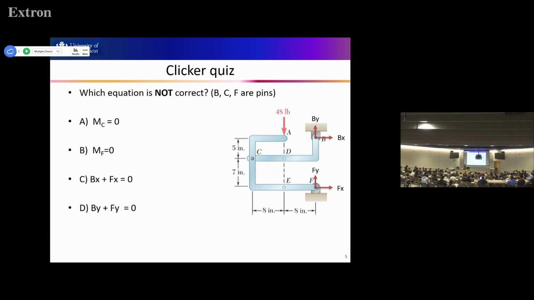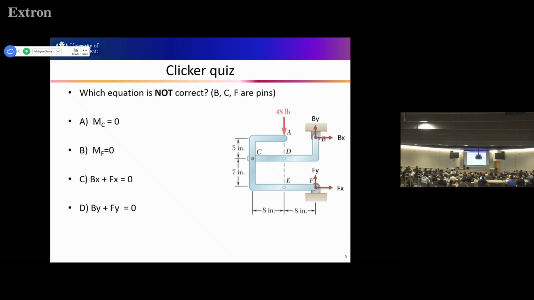I told you to think about a thumbtack. If we use a thumbtack here, can this plate rotate? Yes, and because it can rotate, there's no moment, right? So C is a pin, F is a pin, so both A and B are correct.